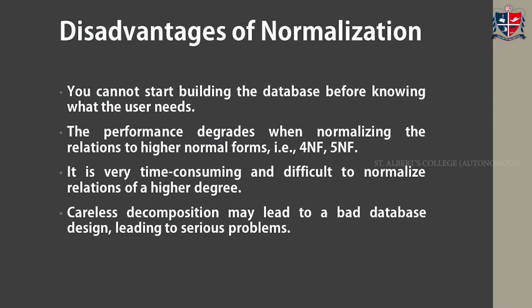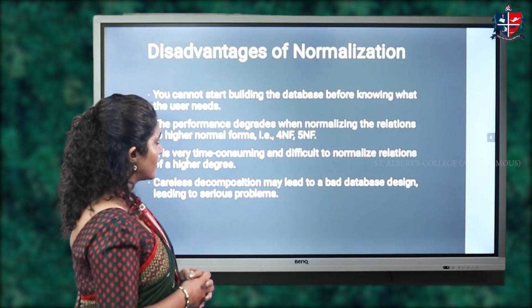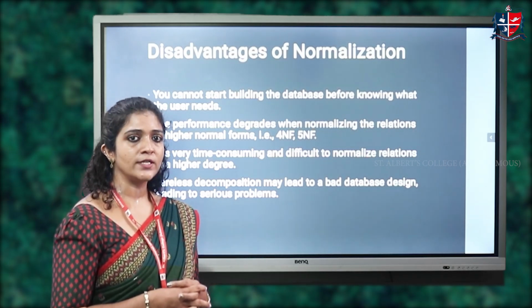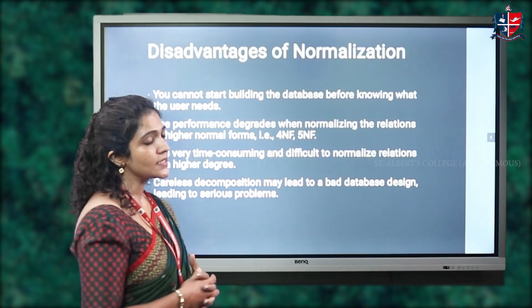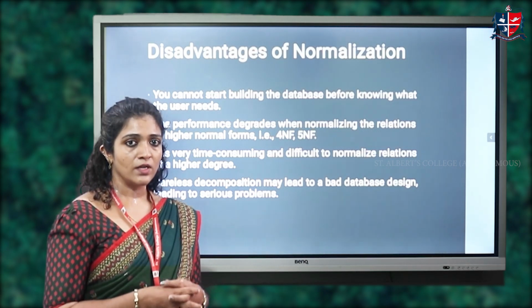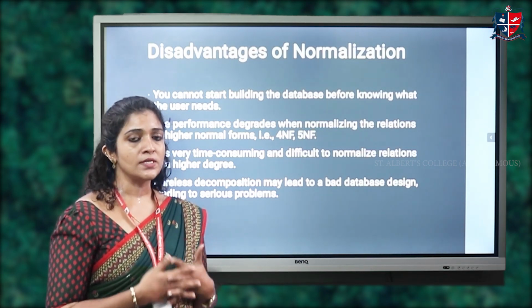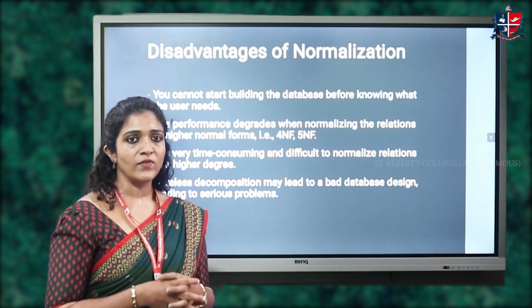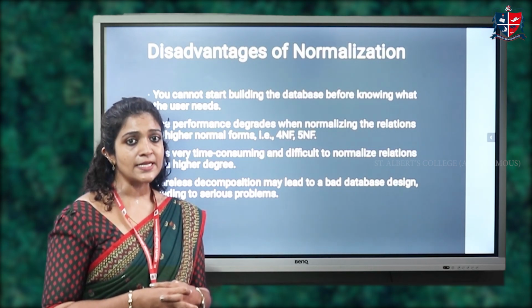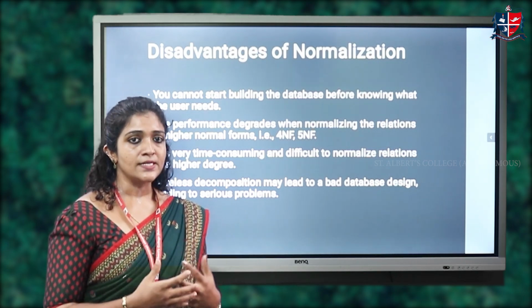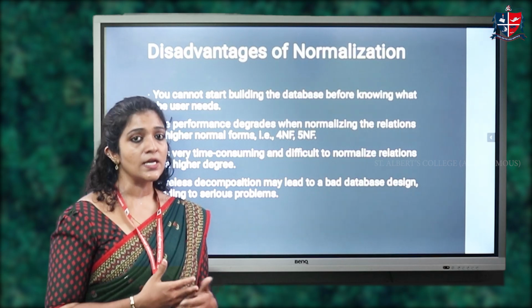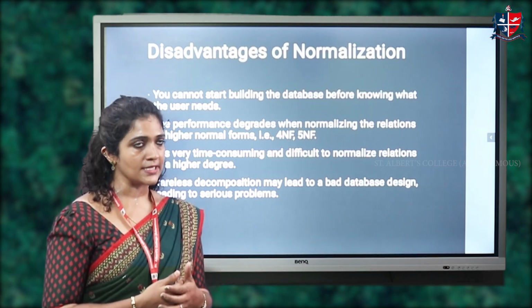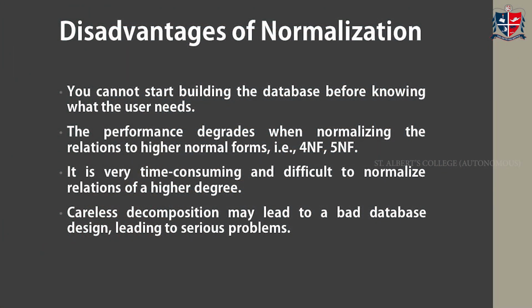Now we will discuss the disadvantages of data normalization. We cannot start building a database without knowing the user requirements. That means if we want the database to be normalized, we need to understand the requirements of the user completely before we design the database, which is a difficult task.